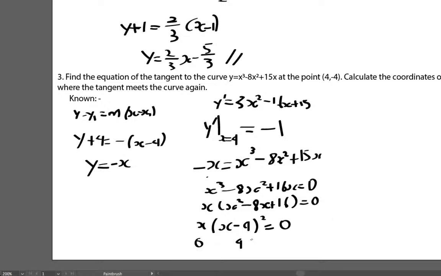We have already solved the one that crosses at 4, but we haven't calculated the one that evaluates to 0. We know the point will be at 0, 0, because when you put the 0 into this, it also results in a negative 0, which is basically 0. And that's the answer, which I haven't written yet. So let's write that down first.